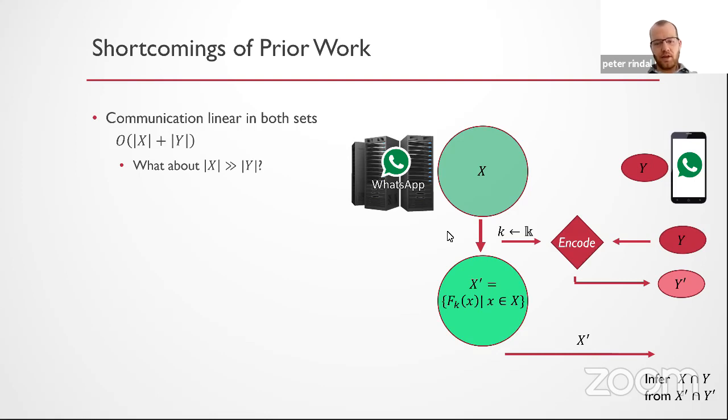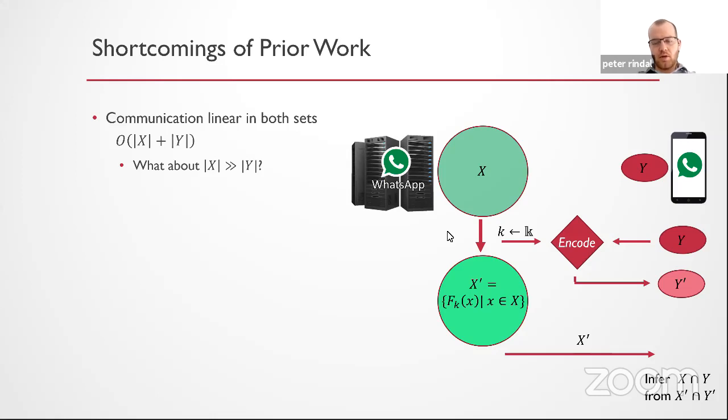And then the WhatsApp side will encode their set X under this key K. You can think of F as just like a PRF if you want, or something like this. And then it's safe to simply send X prime, the encoded version of X, to the other party. And then they can locally intersect these two encoded sets and then map that back to the underlying items.